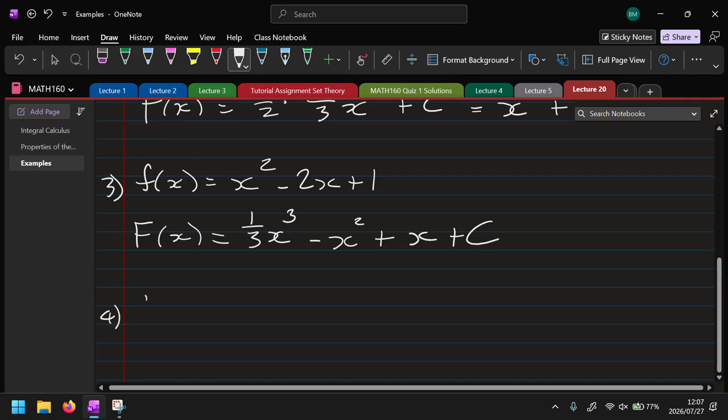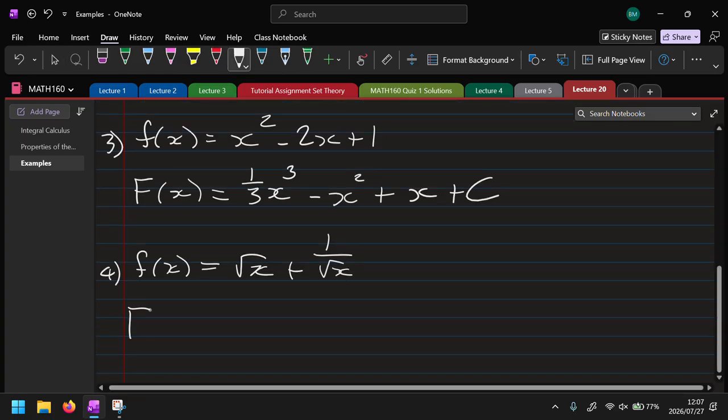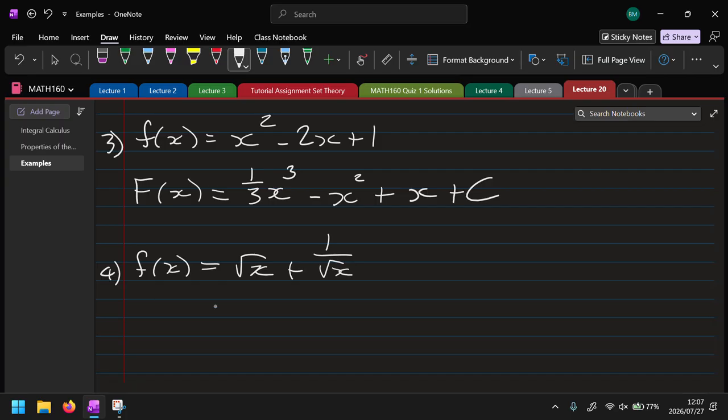Number 4. F of x equals root x plus 1 over root x. Okay, again, the root function, that's not in the table, but we can write that as an exponent. So we have this being x to the half and x to the minus 1/2 because it's at the bottom.